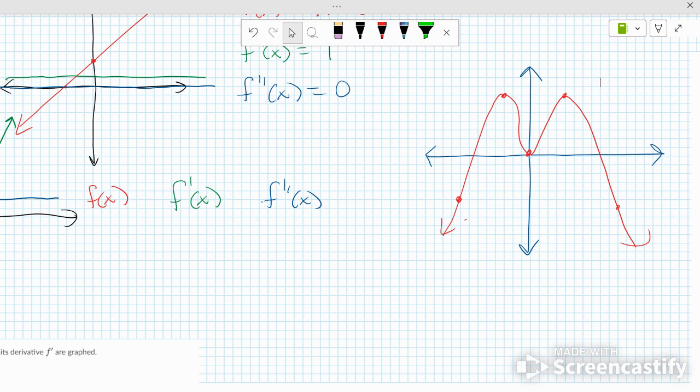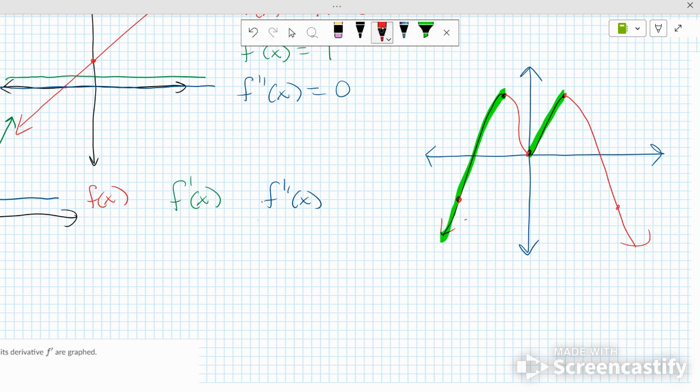From here to here, and from here to here, the first derivative, I'm not exactly sure what it's going to be, but I do know one thing.